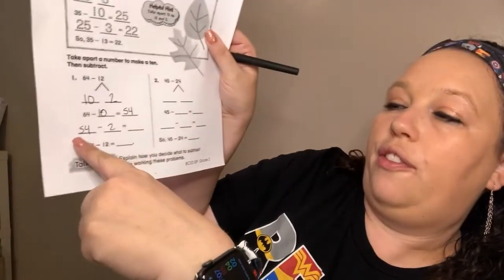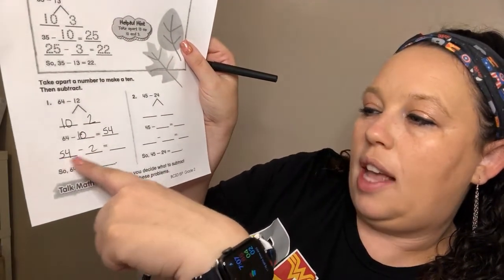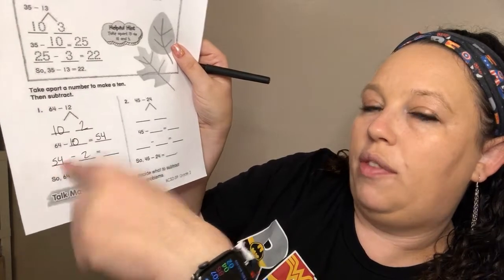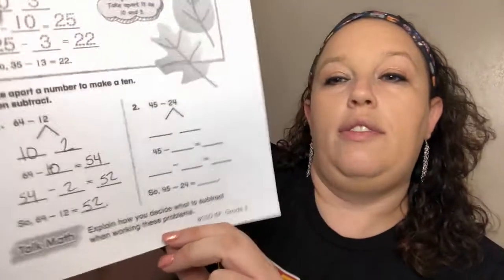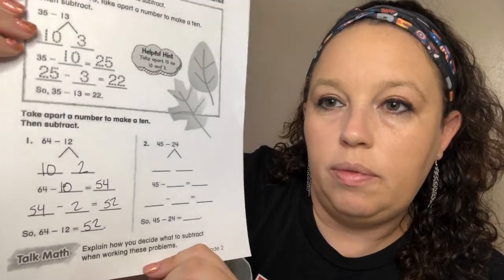It helps to know those tens, right? Minus 10 is 54. So then I rewrote here 54 minus 2, because that's what's left. Well, 54, 53, 52. So that means 64 minus 12 is 52.